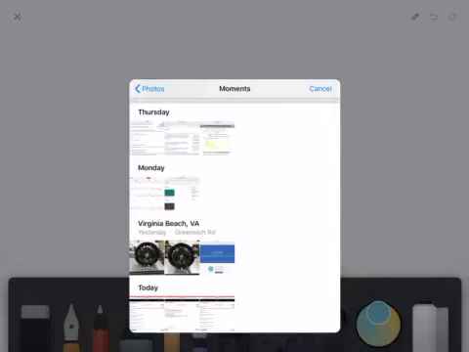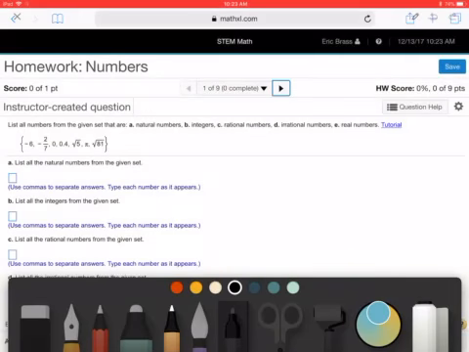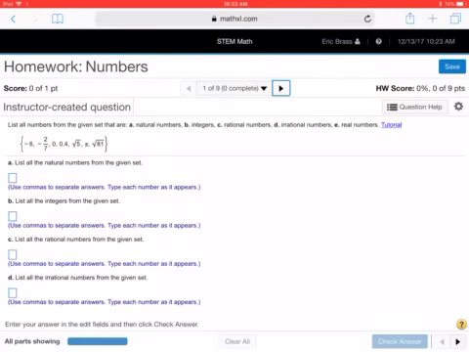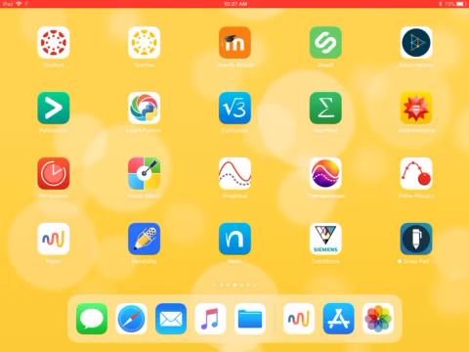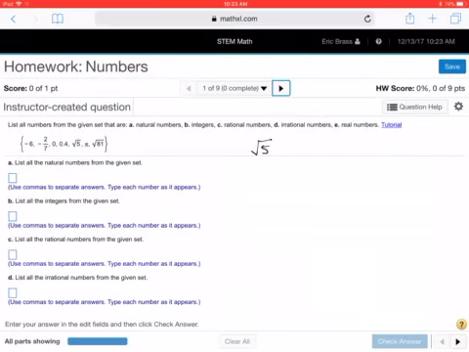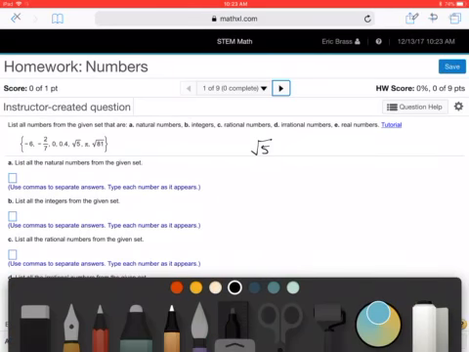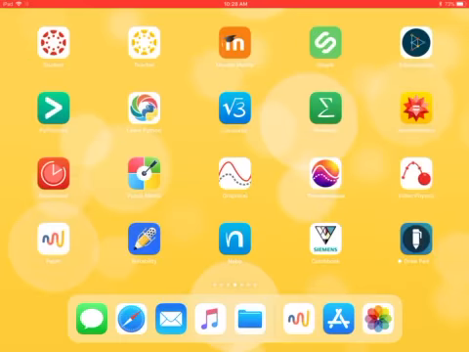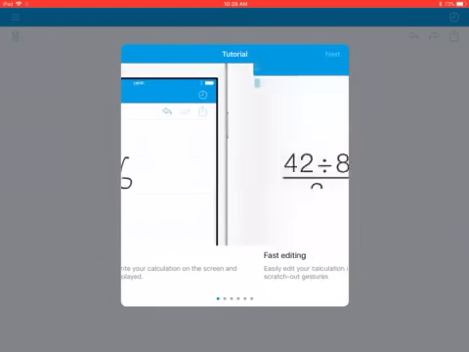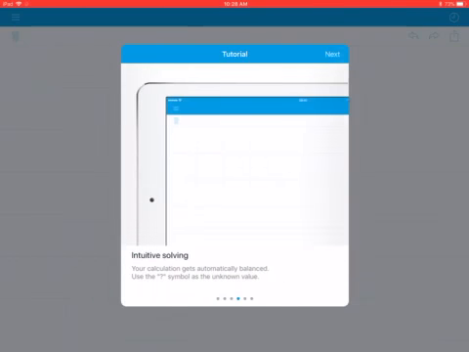The square root of 5, if we put that into our calculator, maybe I can bring that up. Let me pull this up again. So here it is. This is my script calculator.